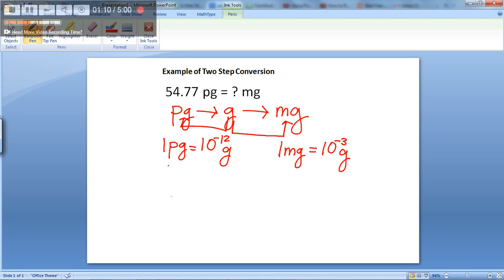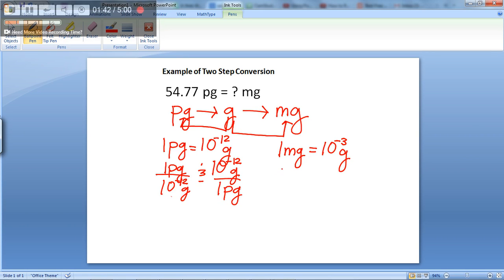So my two conversion factors, you could continue to do it this way or just work with this equality, which isn't a conversion factor. But we could write 1 picogram over 10 to the minus 12 grams. And what's also true is 10 to the minus 12 grams over 1 picogram.